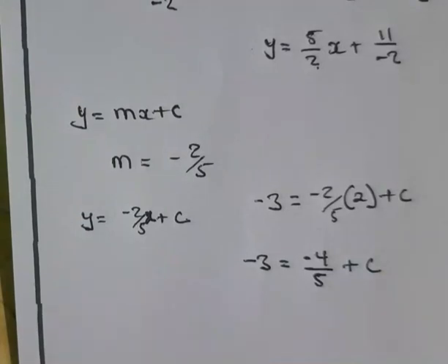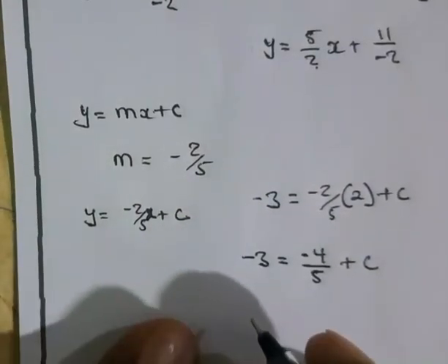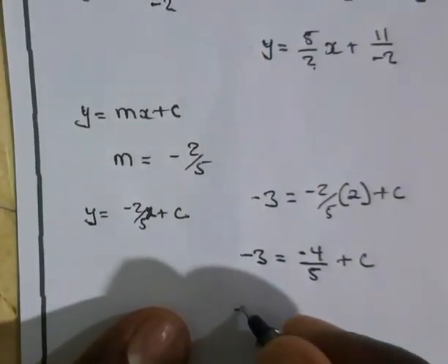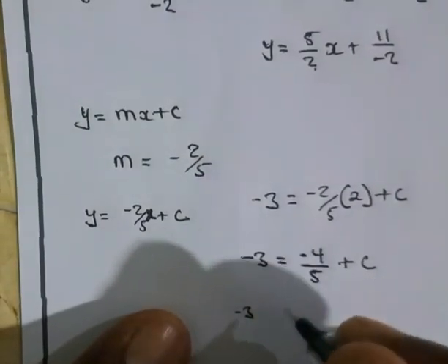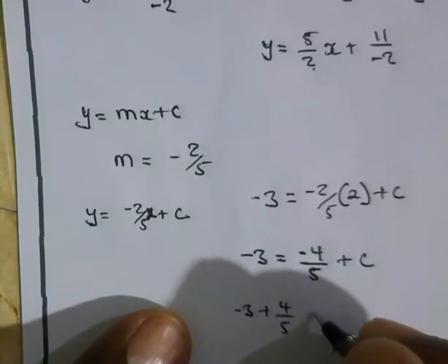So from there, what do we do next? We're going to move this one to the other side. So we're going to have negative 3, then this one will be positive, plus 4 over 5, is equal to c.